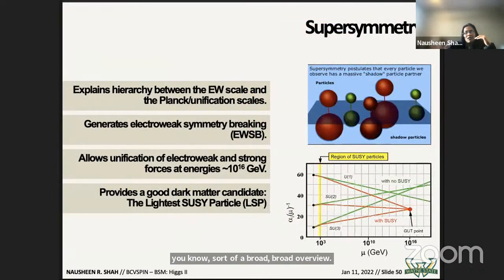So what's SUSY? Well, I've mentioned it multiple times before, and I'm sure you've heard about it before, but there's a whole bunch of really compelling arguments for SUSY. There's an understanding of the hierarchy between the different scales. It actually generates electroweak symmetry breaking dynamically. You have unification of couplings. It also provides a good dark matter candidate.